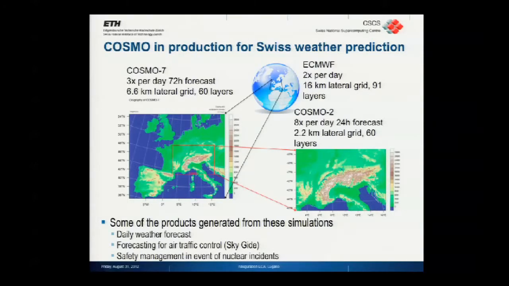And this is then what MeteoSwiss is taking in order to do the products that we see on TV, but also the products that keep our airplanes flying safely and not dropping out of the sky because we made wrong predictions about the weather. And even if we had any severe events happening in Switzerland, then the management of the situation after that will be based on these products that MeteoSwiss is creating.